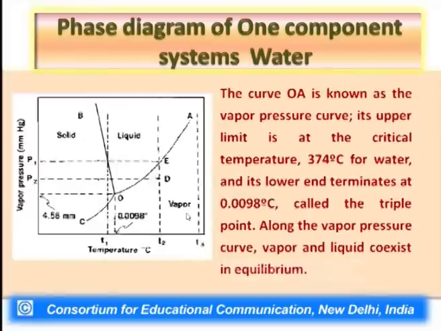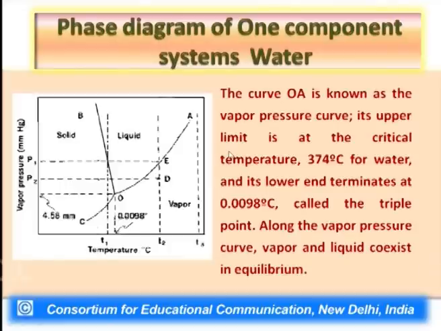Now, having said this, curve OA is known as the vapor pressure curve. Why is curve OA known as the vapor pressure curve? Because on this curve vapors are in equilibrium with the liquid phase, in other words the liquid transforms to vapor phase. That is the reason the OA curve is called the vapor pressure curve.